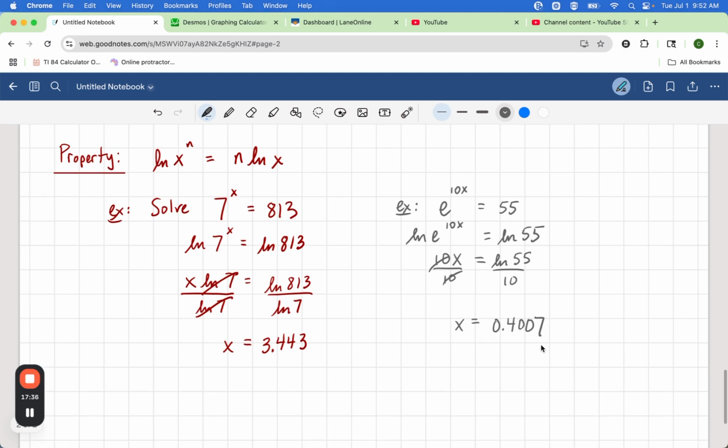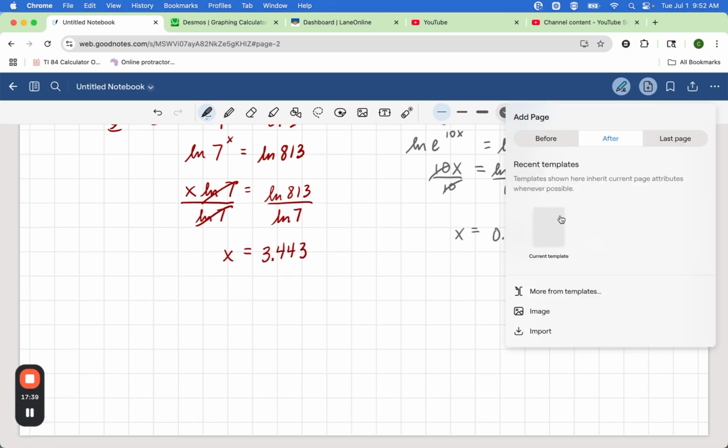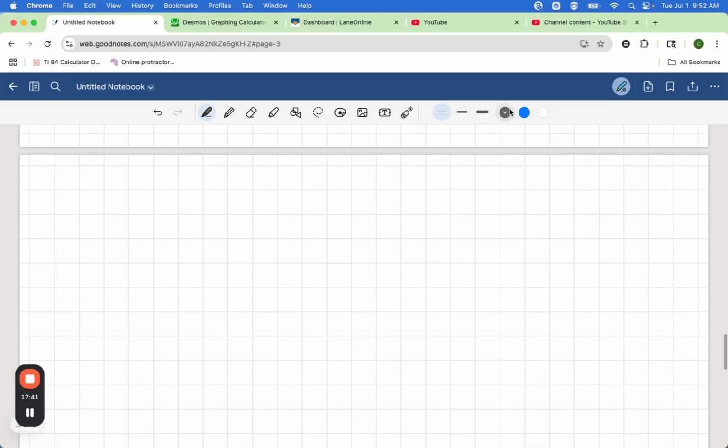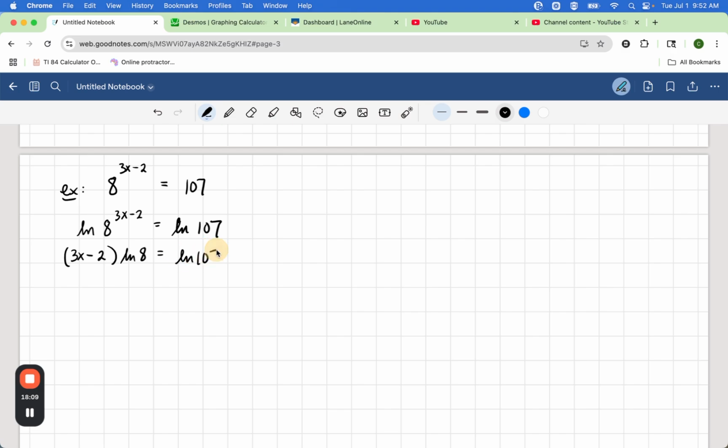All right, here we go. Next one. 8 to the 3x minus 2 equals 107. So we ln both sides, and then the 3x minus 2 can come down. And then you've got options from here, because we could distribute the ln of 8 over the 3x minus 2.